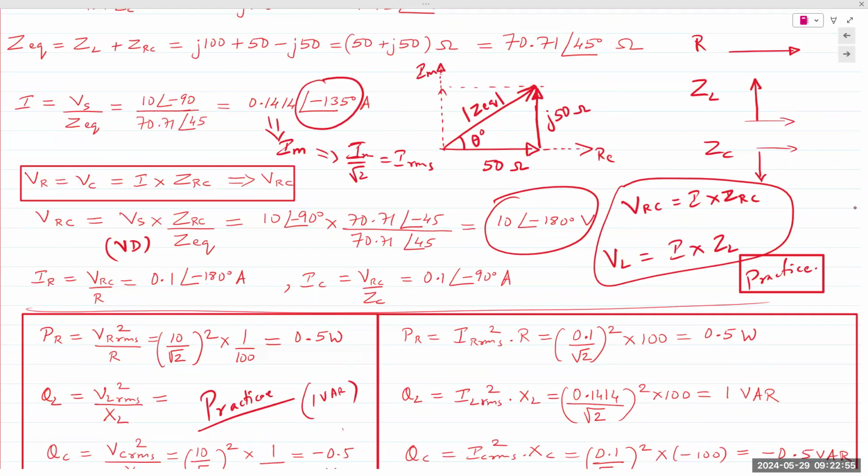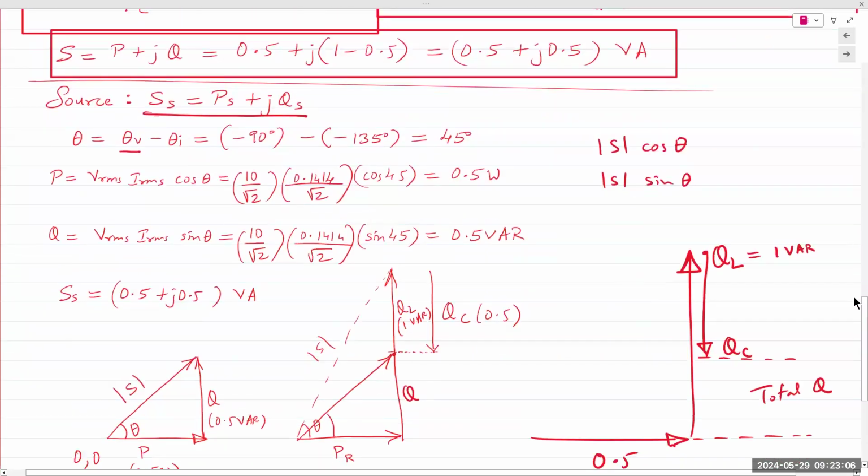Again, remember that current I is going through the source. So we have theta V, and now we have theta I. So we can subtract the two and determine the power angle for the source. So minus 90 minus minus 135. Power angle is plus 45.